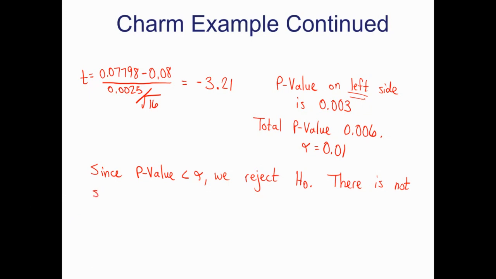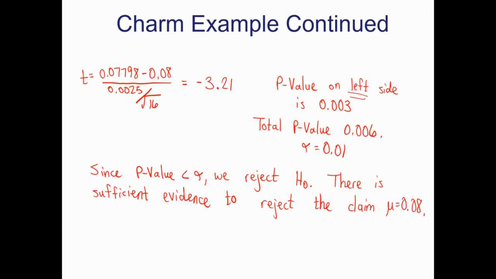So there is not sufficient evidence to support, I should say, there is sufficient evidence to reject the claim mu equals 0.08. Done. Just barely, but done.